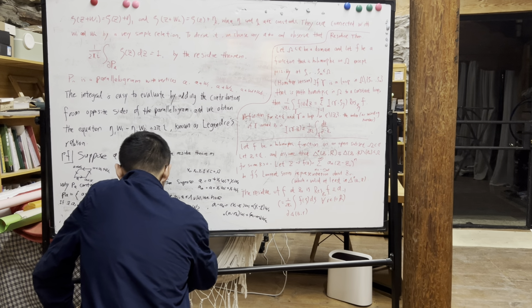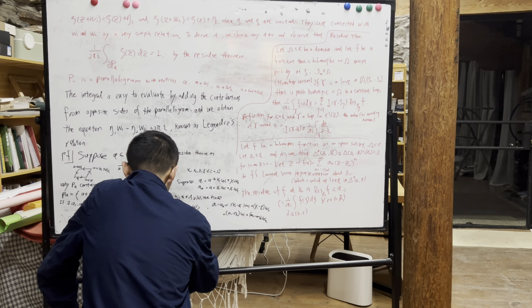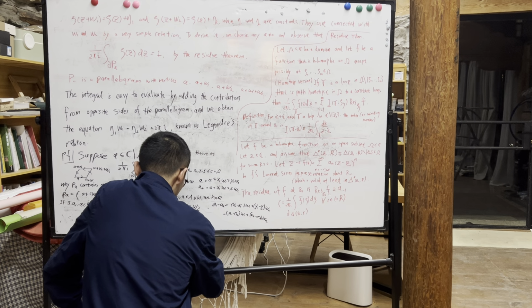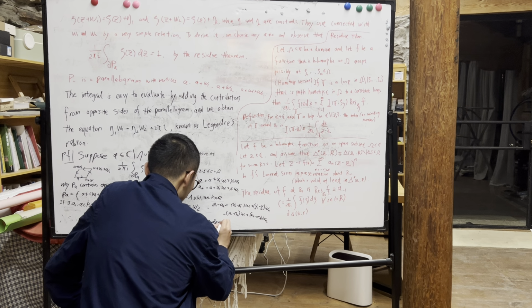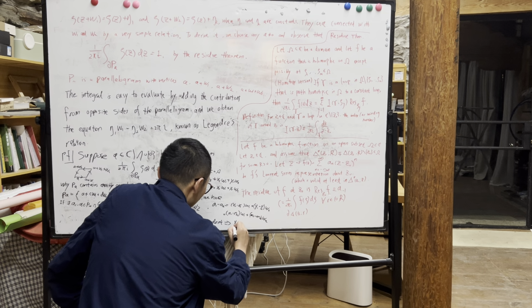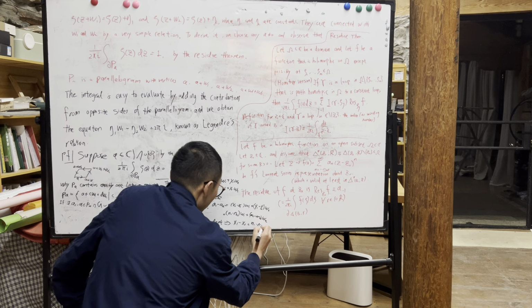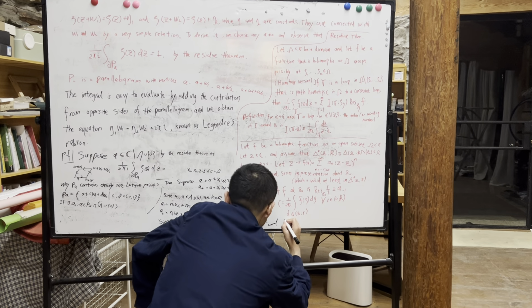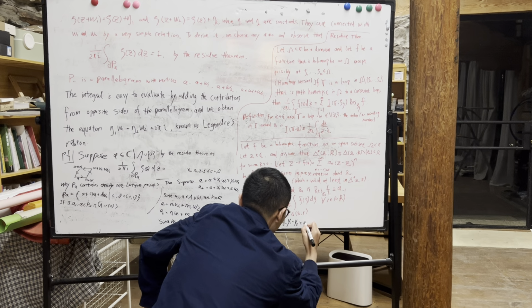So now since omega 1, omega 2 are linearly independent, we have that x1 minus x2 is equal to n1 minus n2, and also y1 minus y2 is equal to m1 minus m2.